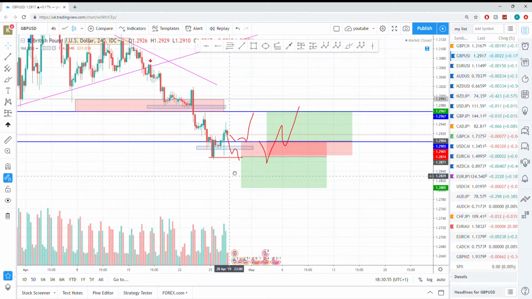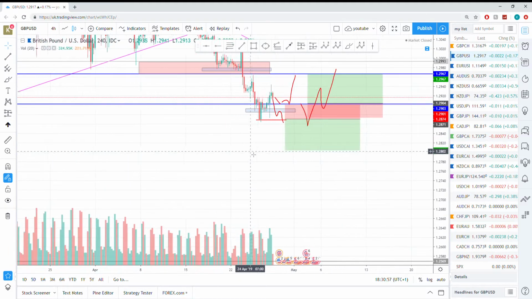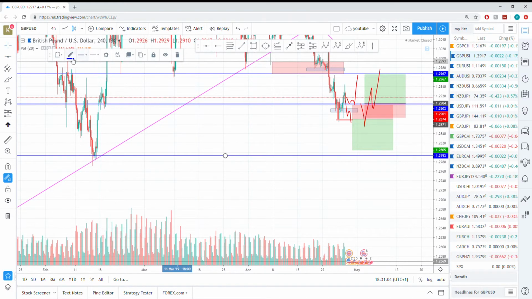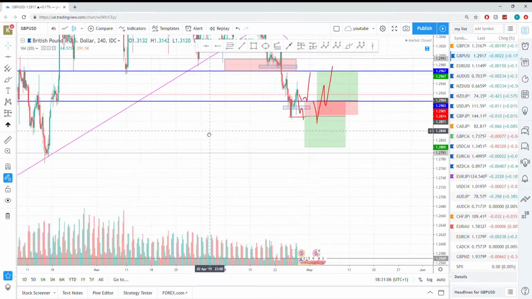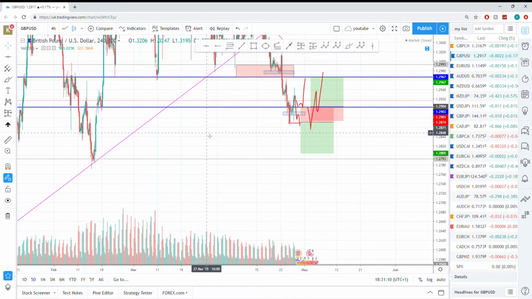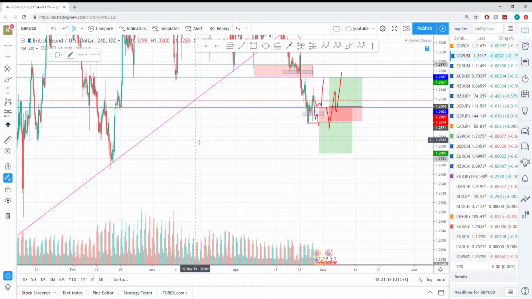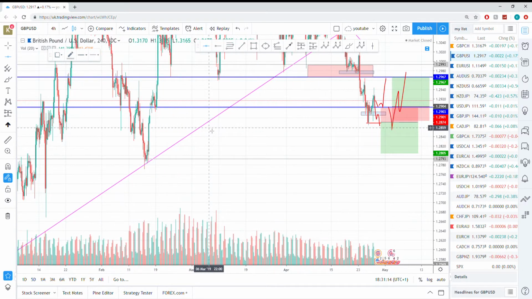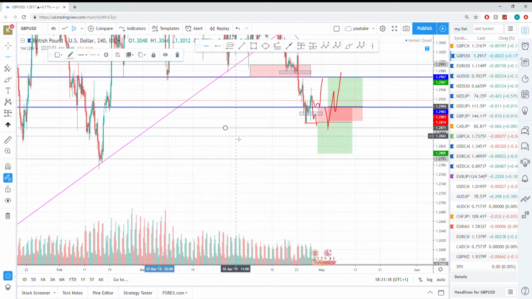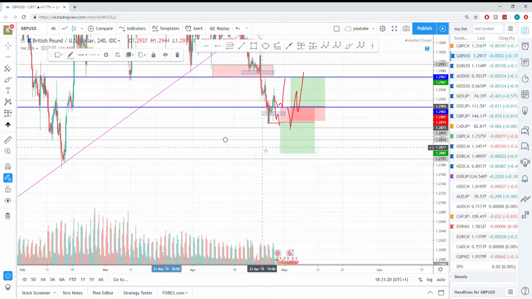My next take profit zone would be, I have to check back in history, something like this here. So I'm going to mark that in grey. That would be something, or maybe something like this. So we have to look for all the previous resistance and support, where all the key reversal points are.